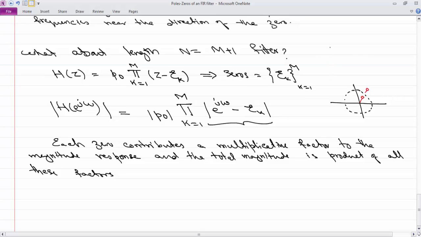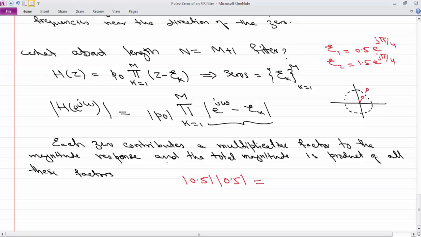So let's assume that I had zeta 1 equal to 0.5 e to the j pi by 4, and I had zeta 2 equal to 1.5 e to the j pi by 4. So one inside the unit circle, one outside the unit circle. Well, one of them, zeta 1, is going to contribute absolute value 0.5 in the direction of pi by 4. The other is going to contribute another 0.5.